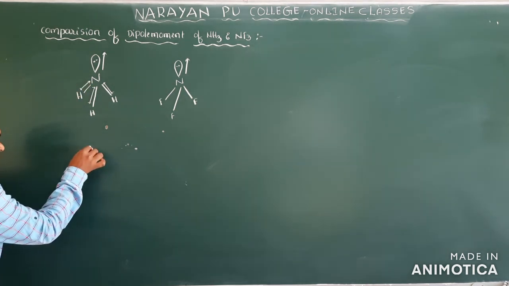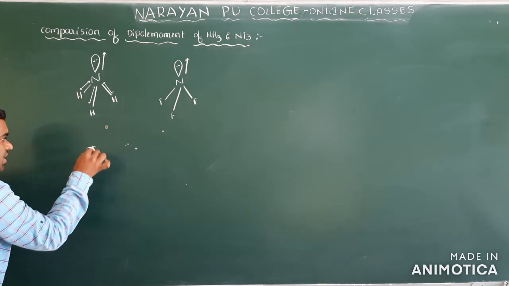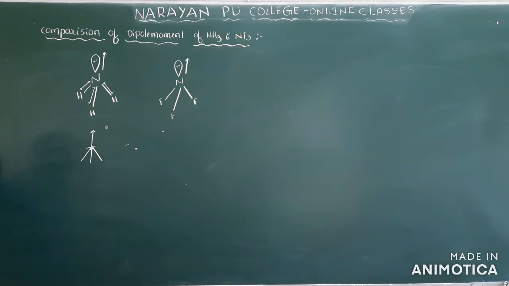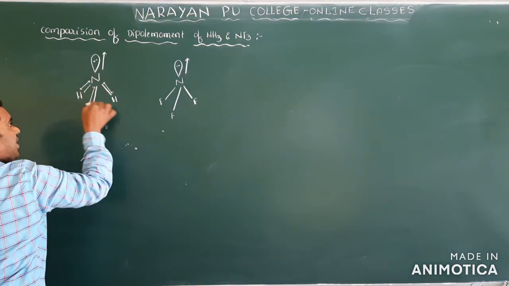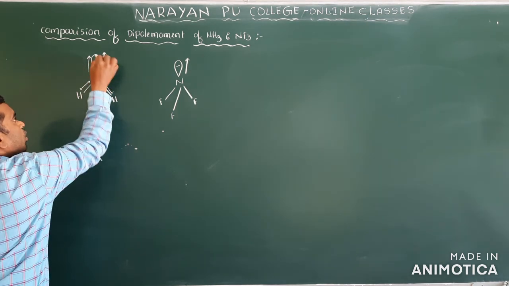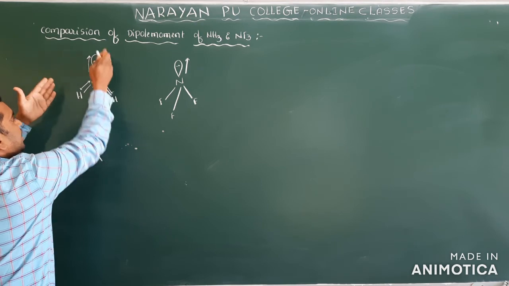All of them are coming like this. So what will be the resultant dipole moment? Upward. That is the resultant dipole, and the lone pair dipole moment is also upward. So they add, and the molecule has the larger dipole moment.